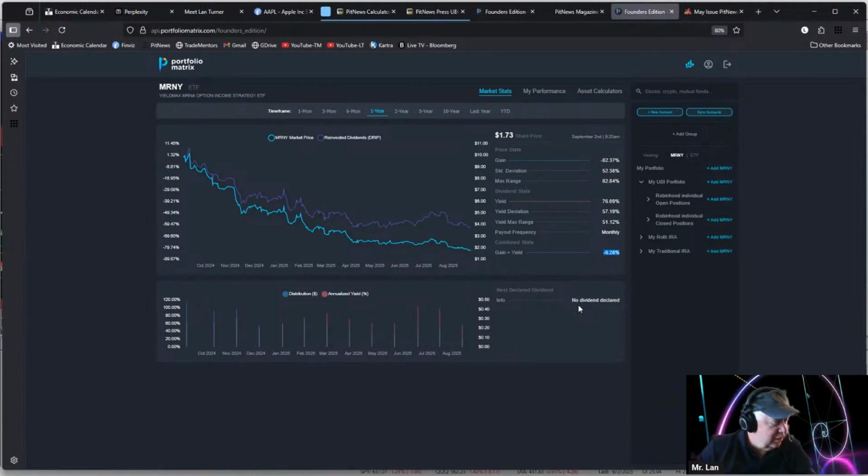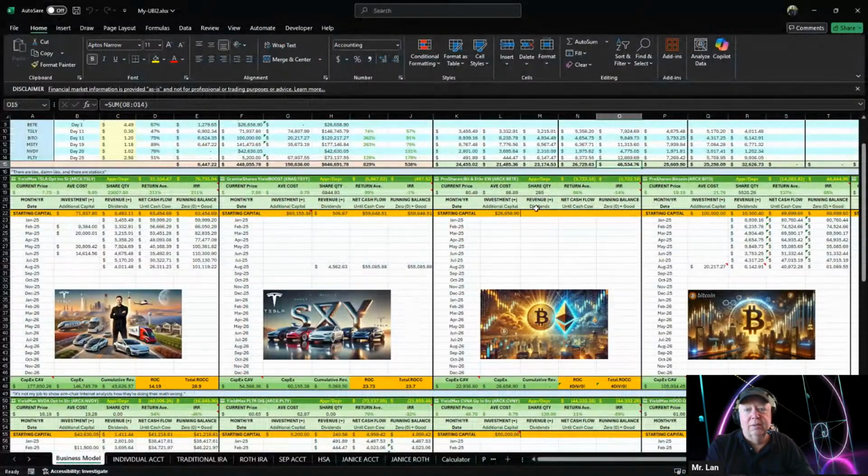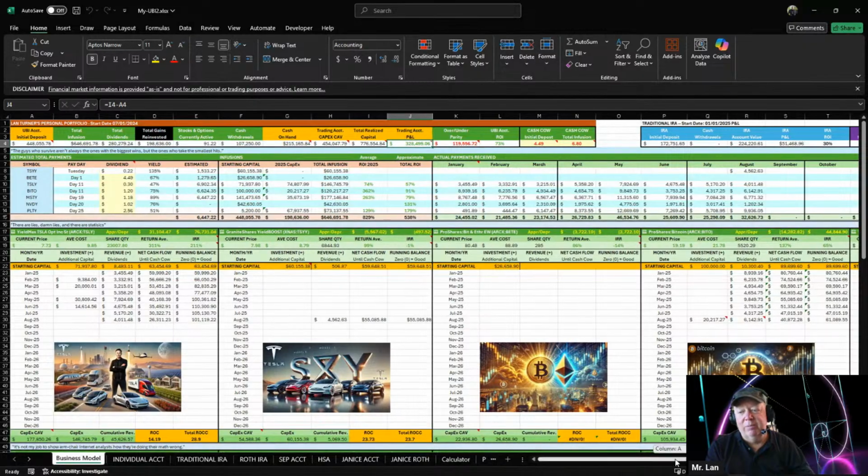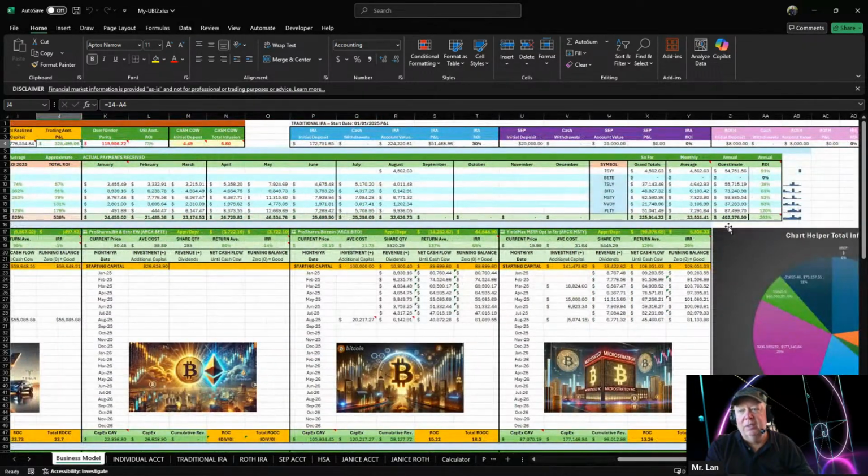I can't complain. $328,000. That's just with the open positions, and I closed some out, remember? But this is saying that, not counting the ones that are closed, I'm estimated to make $402,000 this year.